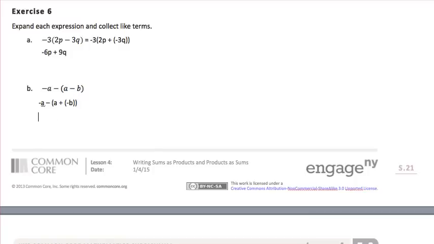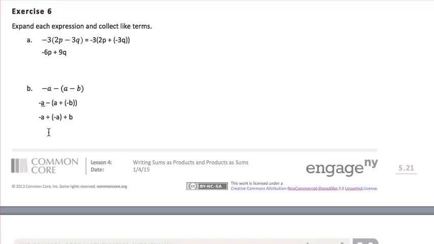And then we're going to apply this subtraction as well. So that's going to become negative a plus the opposite of a, which is negative a, plus the opposite of negative b, which is positive b.